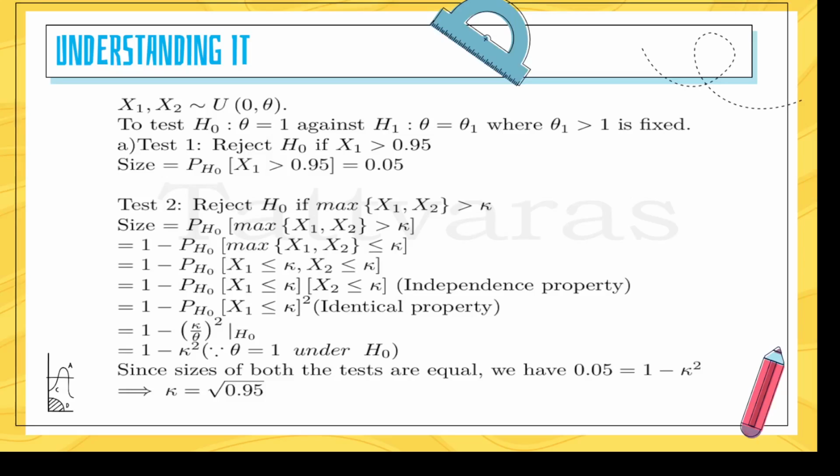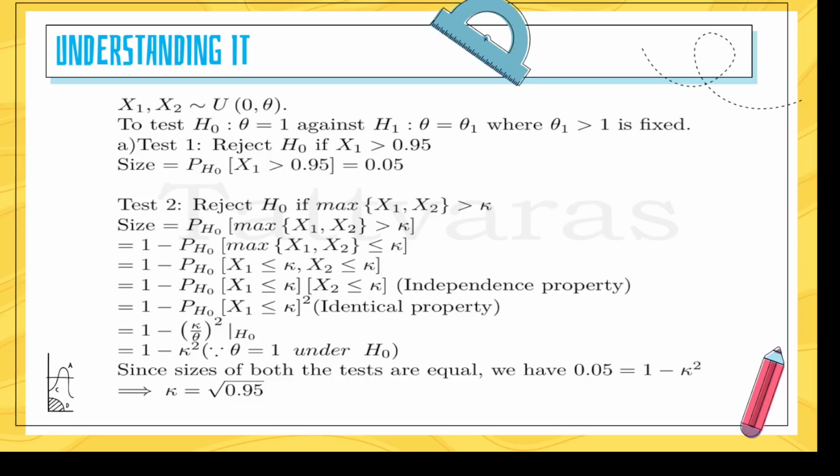Then we find the size for test 2, the probability under H0 that the maximum of X1, X2 is greater than κ. We reverse it and write it as 1 minus the probability under H0 that the maximum of X1, X2 is less than or equal to κ. Since the maximum of both random variables is less than or equal to κ, all the individual random variables are also less than or equal to κ.